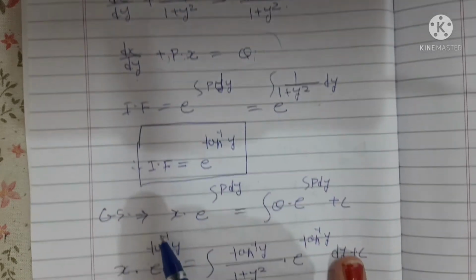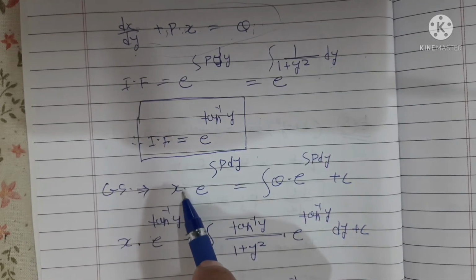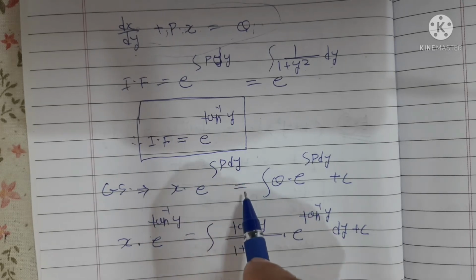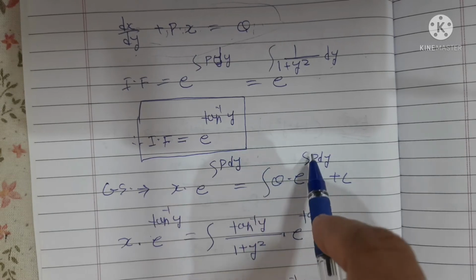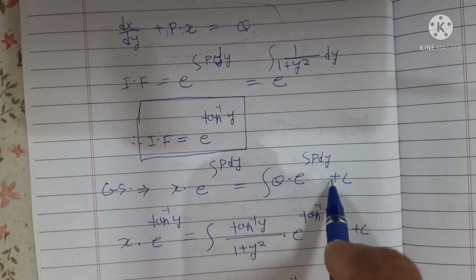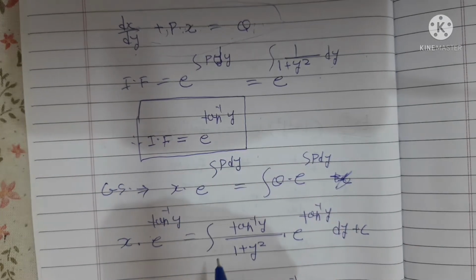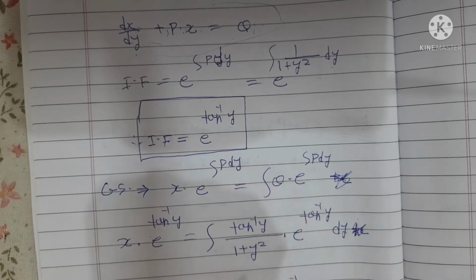Now the general solution is given by the standard formula: x into e raised to integration of p dy is equal to integration of q into e raised to integration of p dy, plus c. If you do not write the c now, it is also okay; after solving the integration, then write the constant.